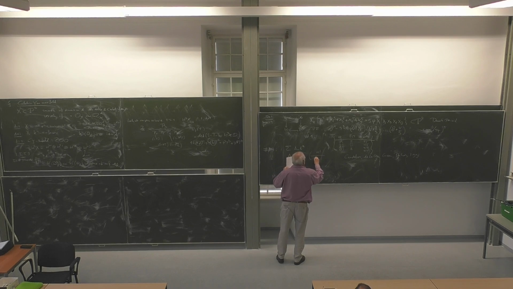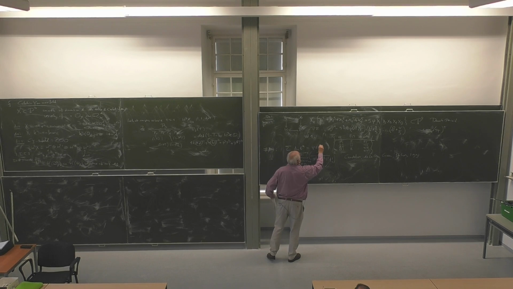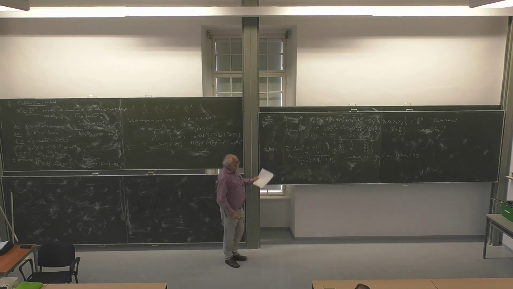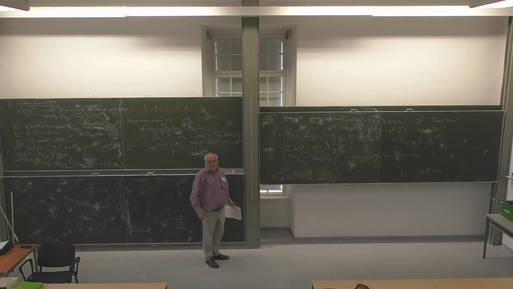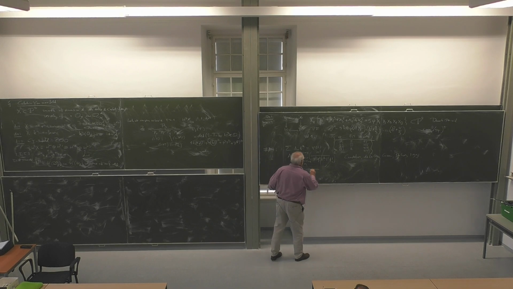P factorial, Q factorial, R factorial, S factorial, T factorial, squared, P plus Q plus R is N. This series phi satisfies a fourth order differential equation, which is too complicated to write down, but I can write down the Riemann symbol.